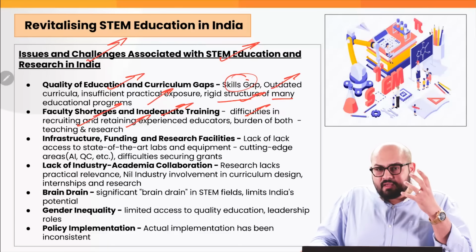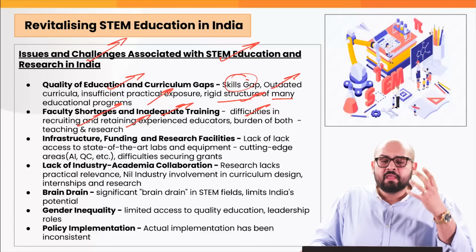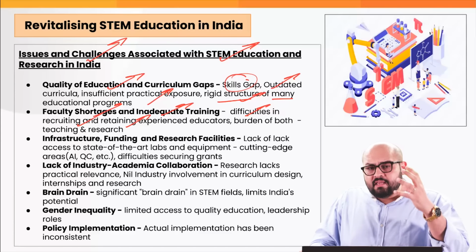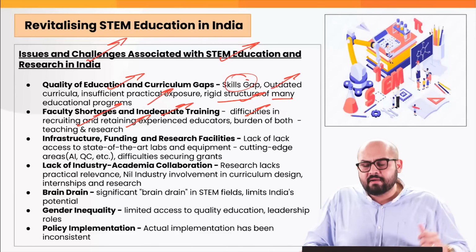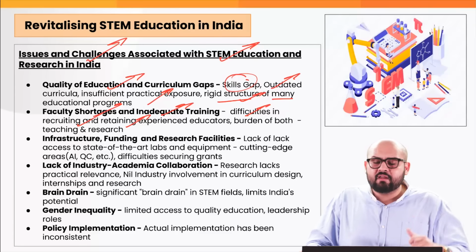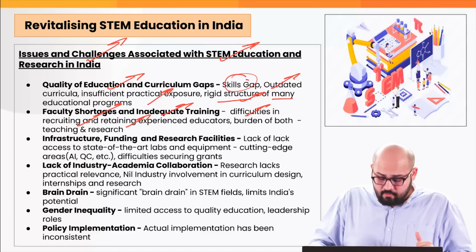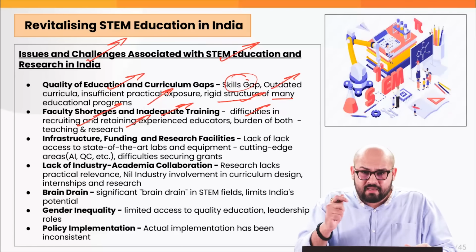Because understand, if you have an experienced faculty member in the STEM domain, obviously he or she would have good opportunities to go somewhere else and earn better, right? That's the reason we are seeing a significant brain drain, and we'll also discuss that now. So we have a shortage of experienced faculty.